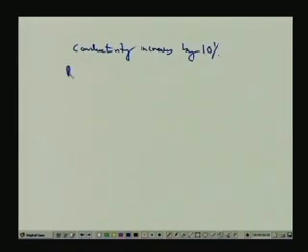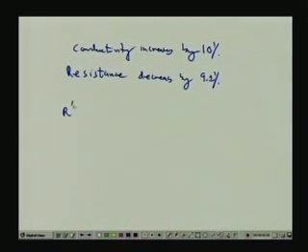So, the resistance decreases by 9.1%. So, R dash will be 0.91 into 200 equal to 182 kilo ohm.